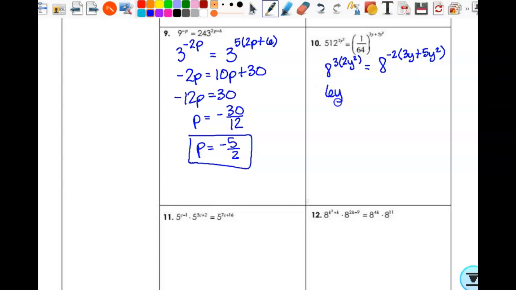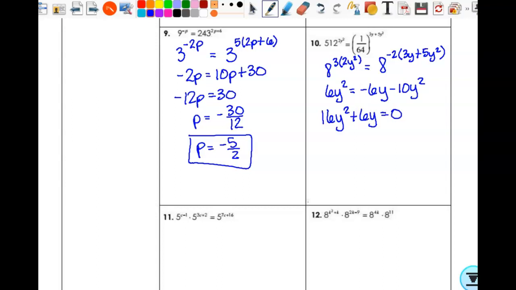I'm going to get 6y squared equals negative 6y minus 10y squared. I have a quadratic, so I want to set it equal to 0. So this is going to give me 16y squared plus 6y equals 0.